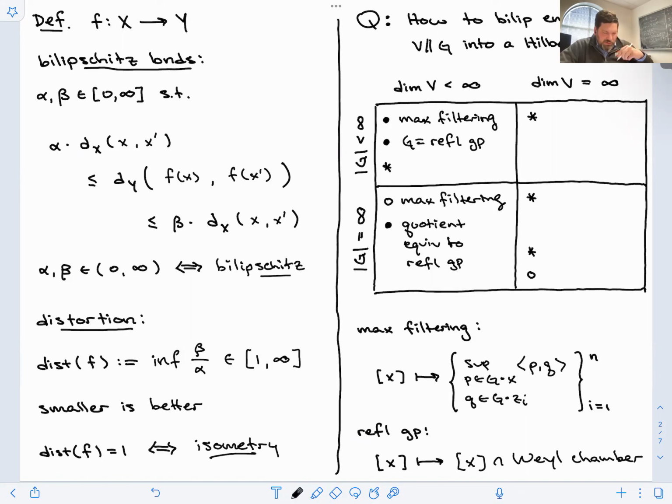So this is what is currently known, and now I'm going to tell you some things that come from the project that I'm currently talking about. So we're able to explain what happens when you have a finite subgroup of SO(2). Here V is just R^2. So we have an understanding of that. We have an understanding of real phase retrieval.